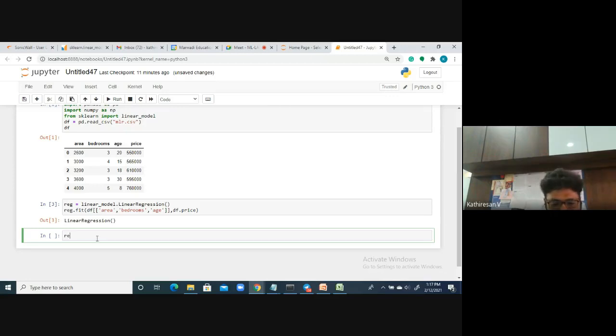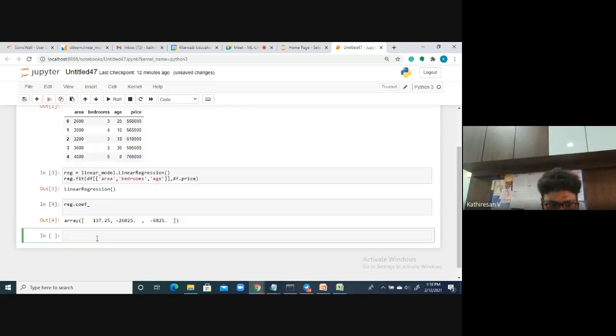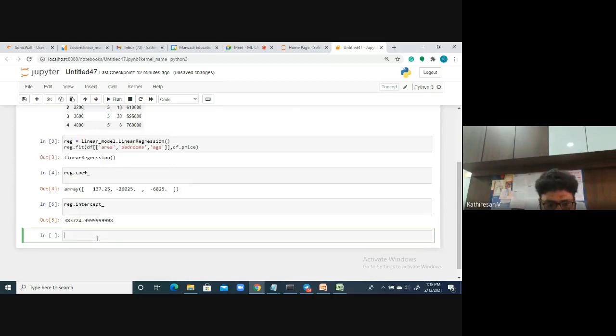In order to see the coefficients, and the intercept also, you can see them. So coefficients and intercept we got: m1, m2, m3, and m0.